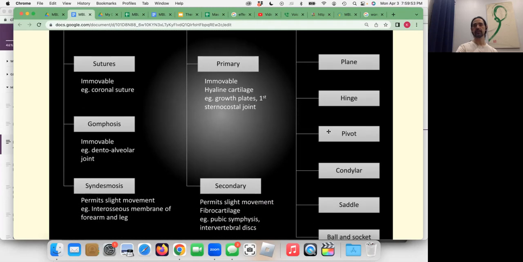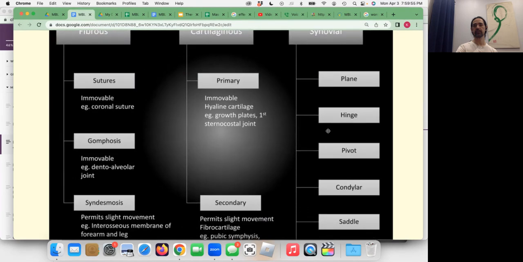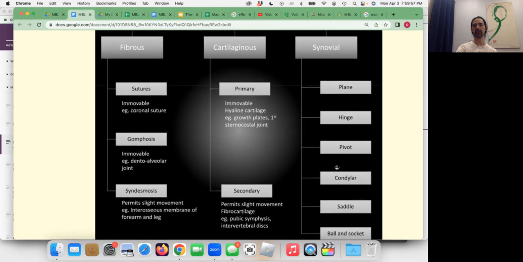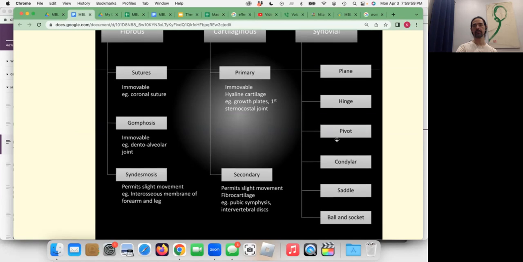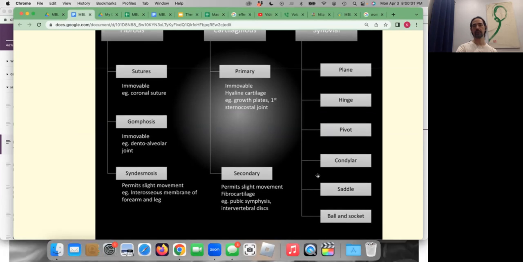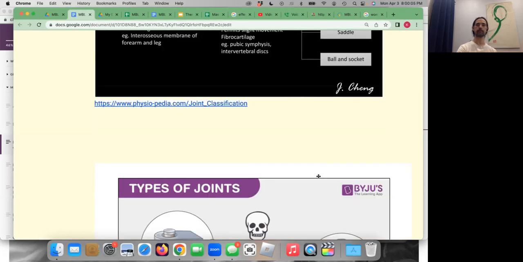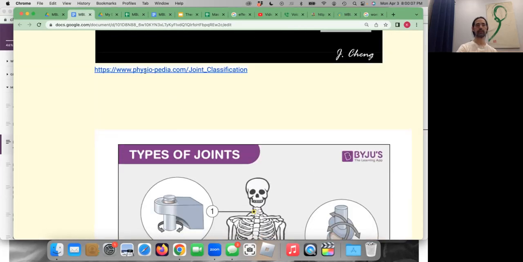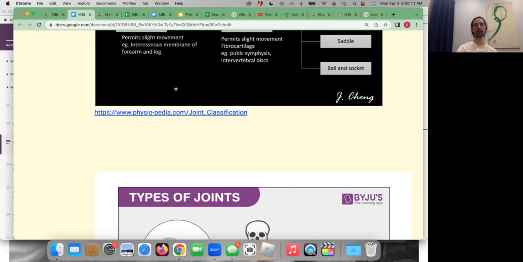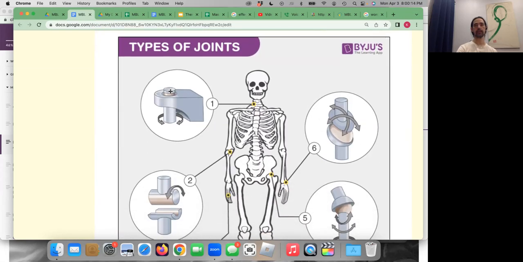There are 6 types of synovial joints, 6 types of diarthrotic joints. Those are all listed right here. Instead of going through them like that, I would love to show you the joints. Here's the link, by the way, at Physio-Pedia for where I got this chart.